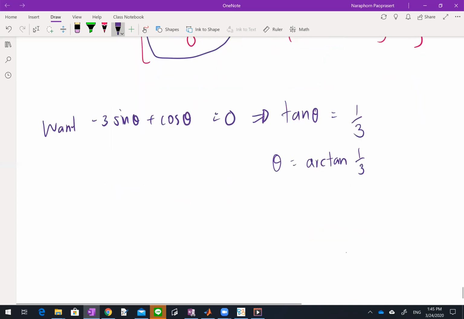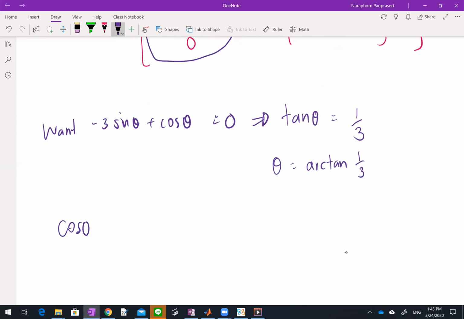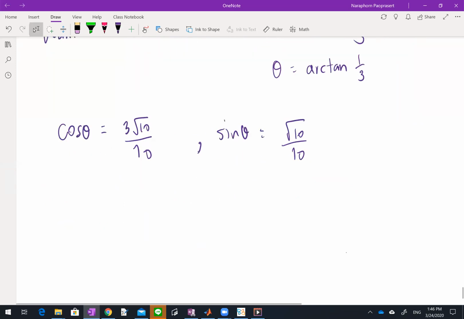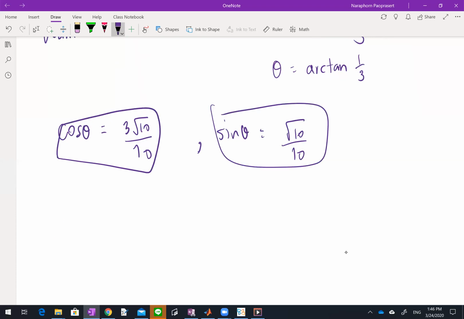Once you know theta, cosine theta is going to be 3 square root of 10 divided by 10, and sine theta is just square root of 10 divided by 10. So once you solve for theta, you know cosine theta and sine theta. You plug cosine theta and sine theta into P2A above.